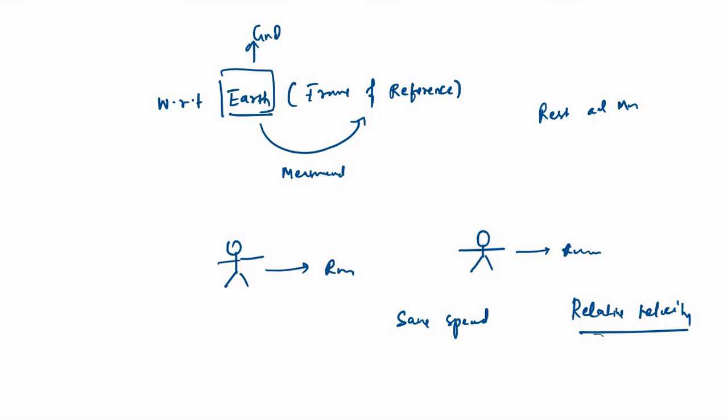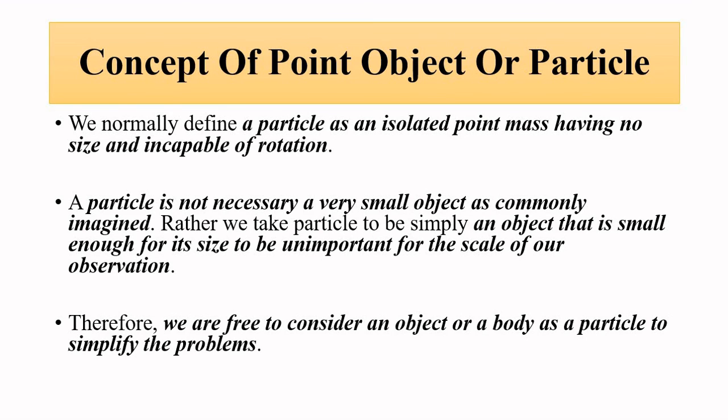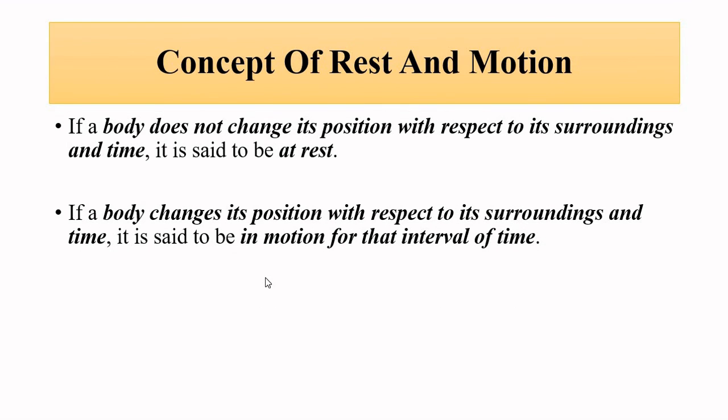So we have discussed frame of reference, location of objects in space, then the concept of point object, which are very important when it comes to understanding the concept of rest and motion. Basically we'll discuss rest and motion in detail in the next video, but in simple words, what is rest, what is motion?